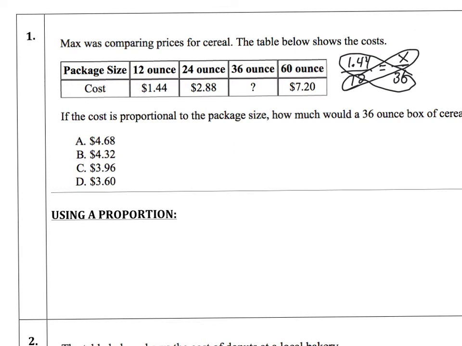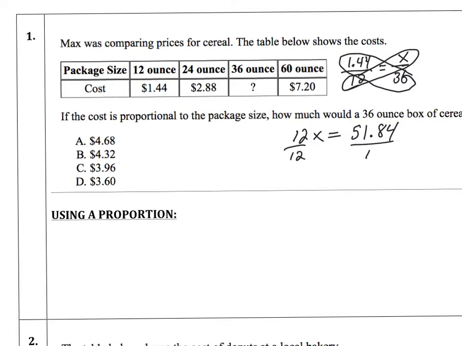So when I cross multiply, I get 12x equals, now I gotta use my calculator, take 1.44 and multiply it by 36. And that gives us $51.84. Now, we want to know how much that 36 ounce package is going to cost, so I've got to divide by 12.